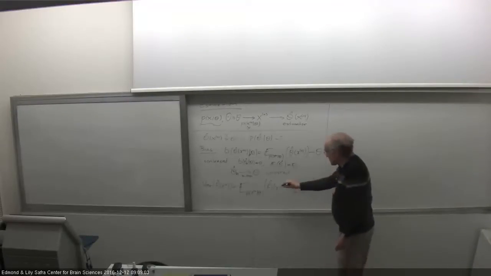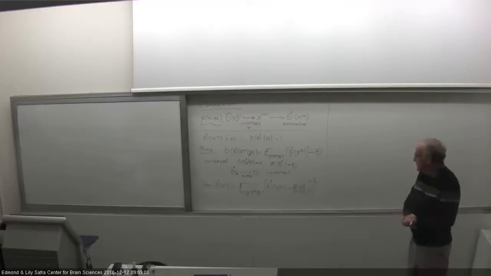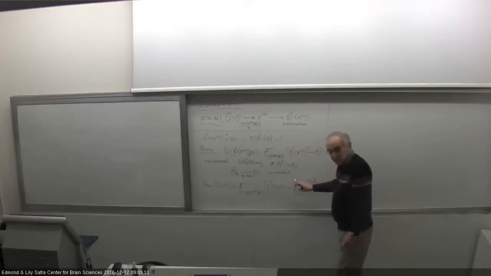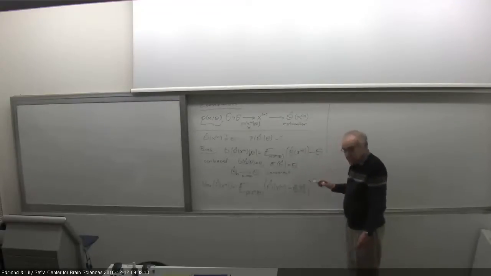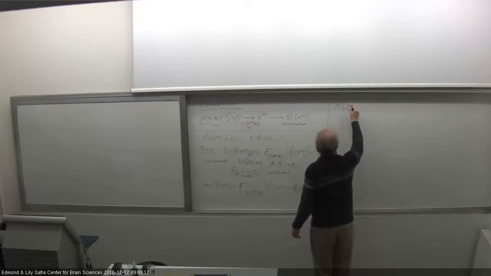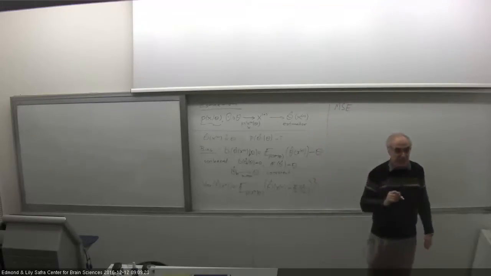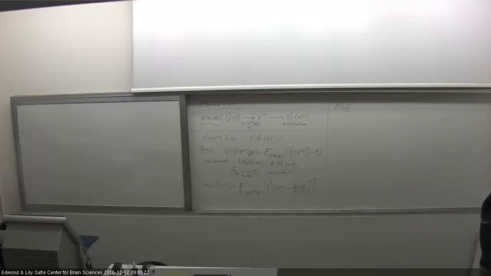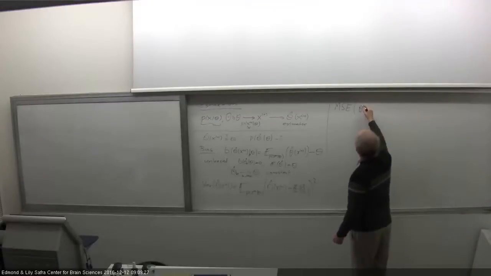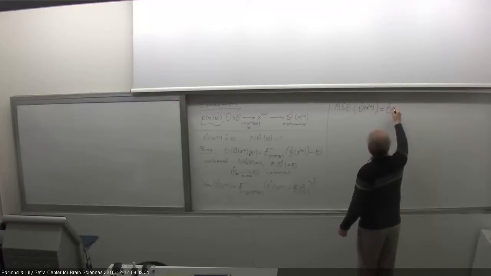But actually both of these things are not exactly what we really want. Essentially what we want is the spread, not around the mean of the estimator, but around theta. And this is what we call the mean square error, MSE. It's a very common notation, so I want you to know it. The MSE of theta hat, again as a function of a sample of size n, is what you really want to bound.